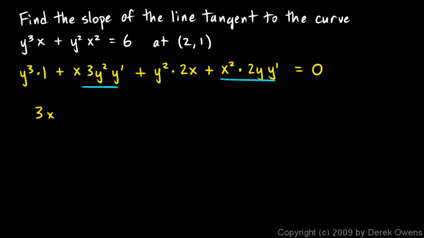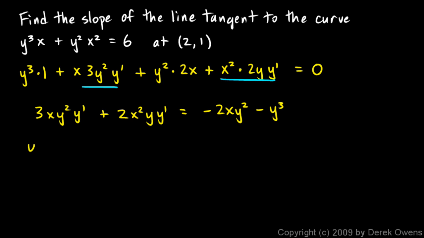So I get 3xy squared times y prime. That's this first term, just rearranged a little, plus 2x squared y times y prime equals, I'll take this term over to the right, and I'll write it as negative 2xy squared minus y cubed.